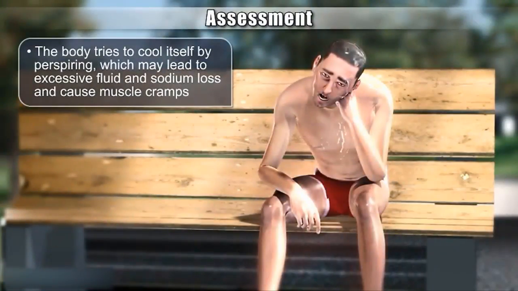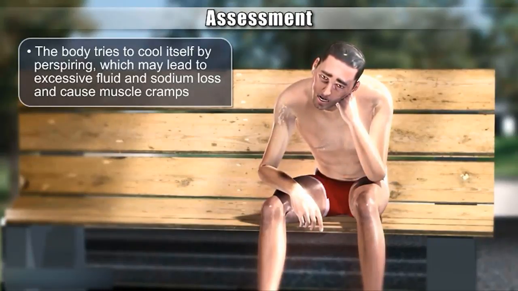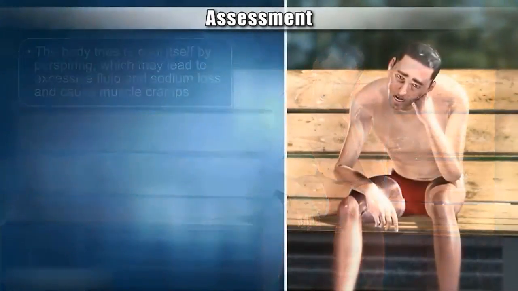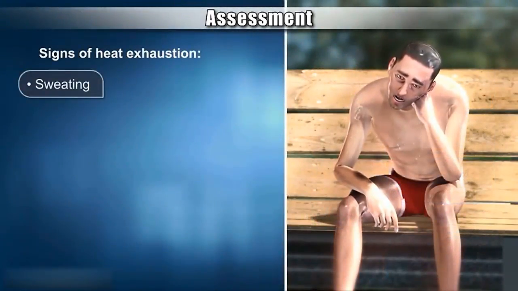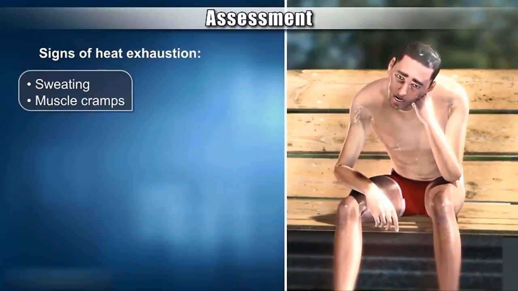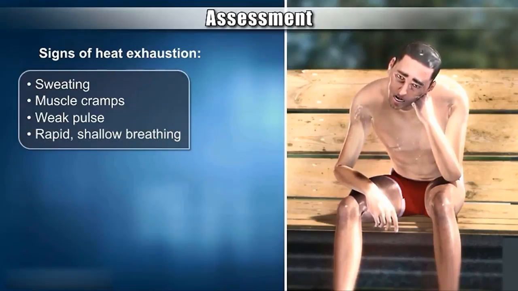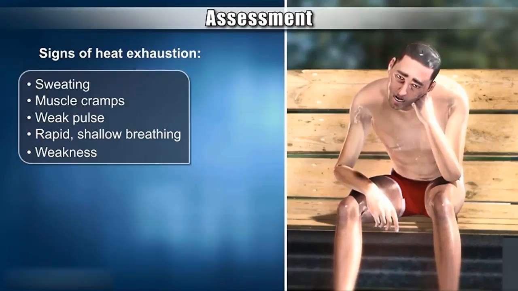Assessment. The body tries to cool itself by perspiring, which may lead to excessive fluid and sodium loss and cause muscle cramps. Signs of heat exhaustion include sweating, muscle cramps, weak pulse, rapid shallow breathing, weakness, and dizziness.